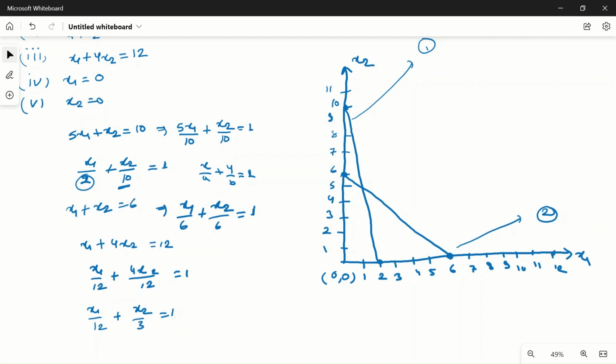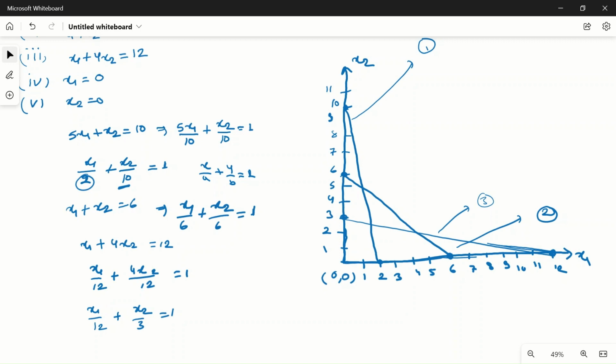So we get 12 0 here and 0 3. So this is our third line. Our fourth constraint is x1 is equal to 0. Where is x1 equal to 0? This is the y axis, or x2 axis, and x2 is equal to 0 is the x1 axis. So these are the 5 lines.